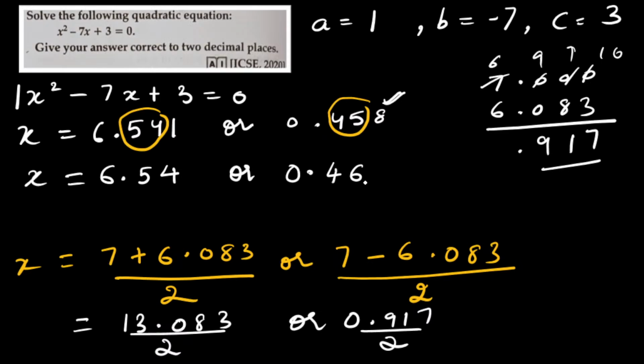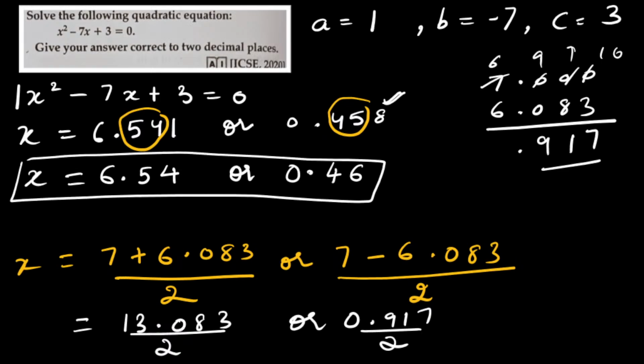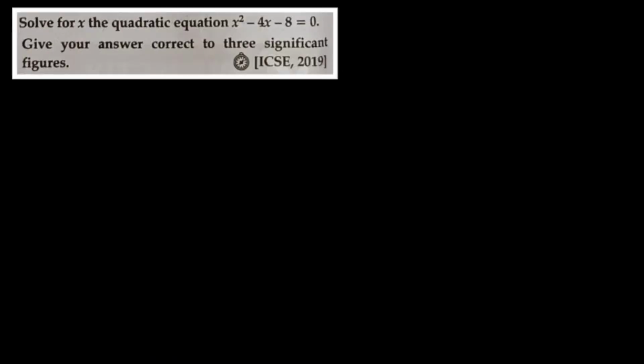So this will become 0.46. It's not negative, just correct it. Both the roots are positive here because we are doing 7 minus 6, not 6 minus 7. So x is equal to 6.54 or x is equal to 0.46.